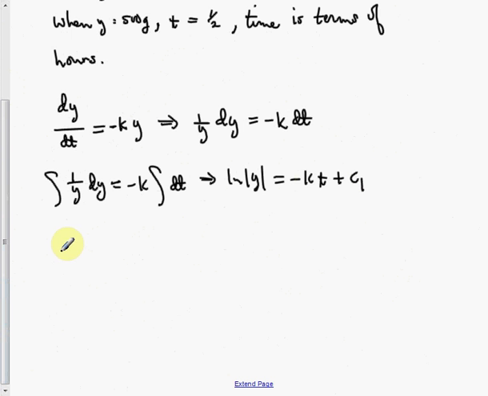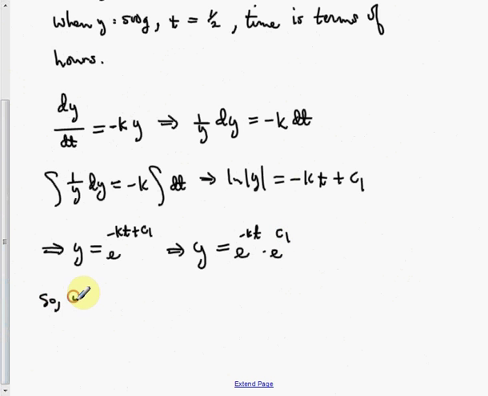Exponentiate both sides. So y is equal to e to the negative kt plus c sub 1 up top, which implies y is equal to e to the negative kt times e to the c sub 1.